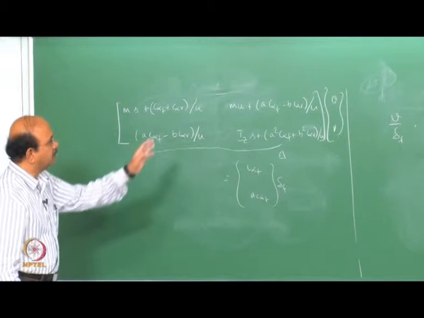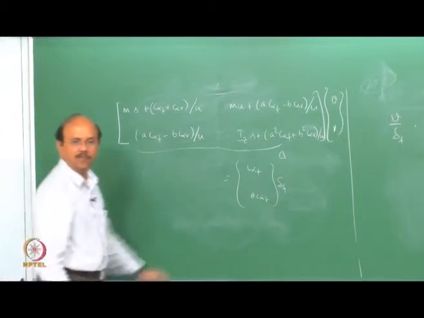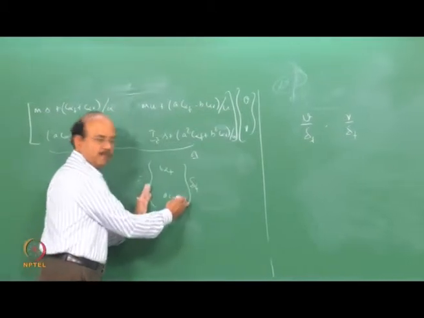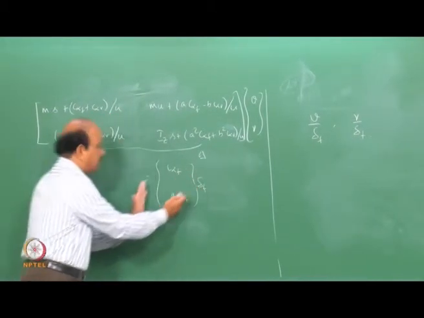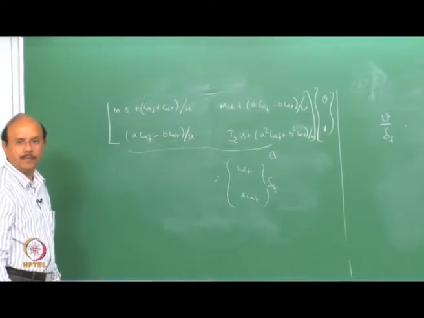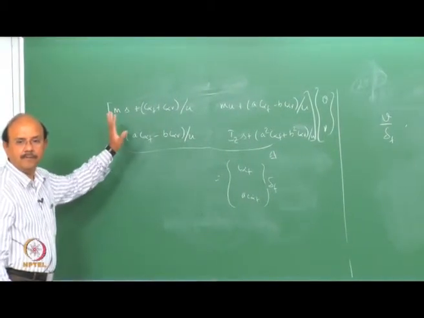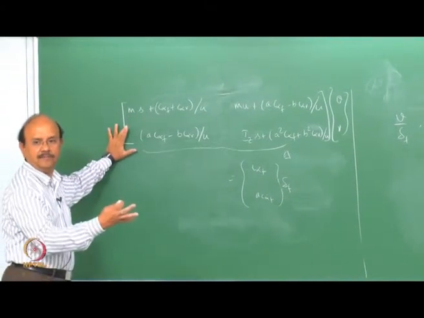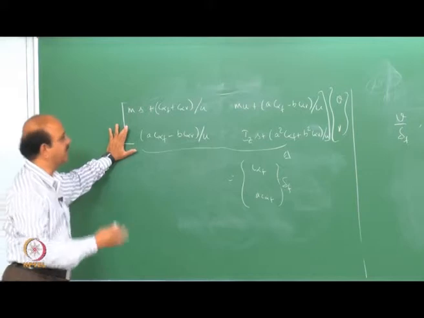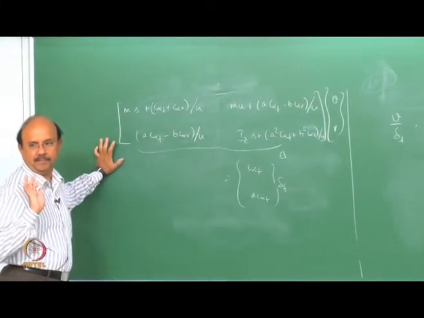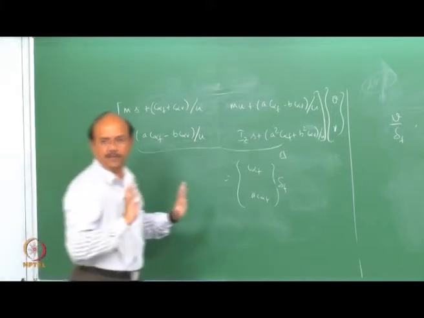And if I want the first expression, V by delta F, I put this guy into the first column, and use that determinant as the numerator and use the determinant of delta as the denominator. This is what we are going to do.